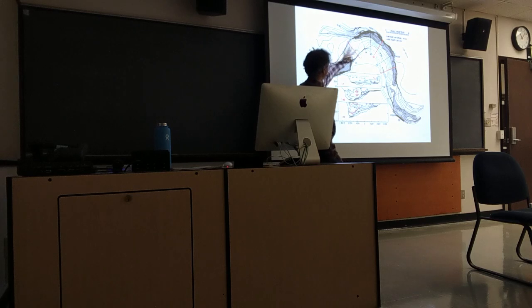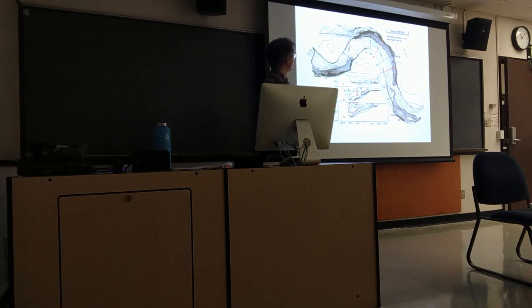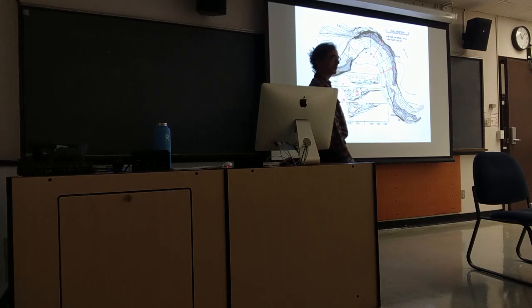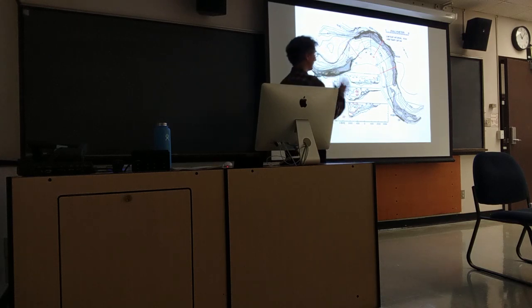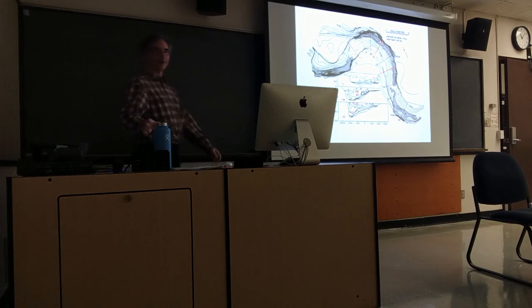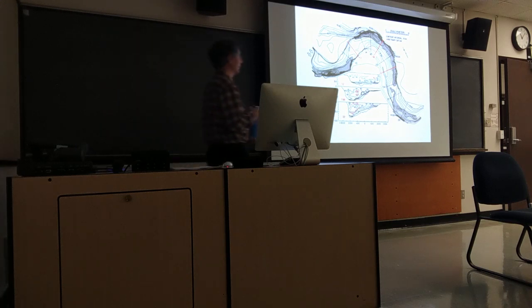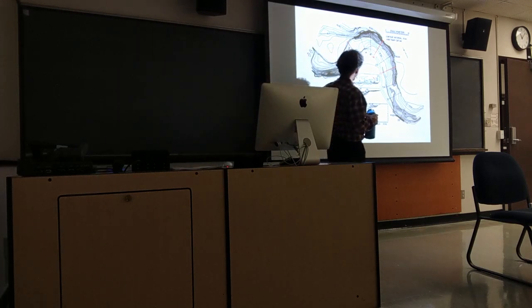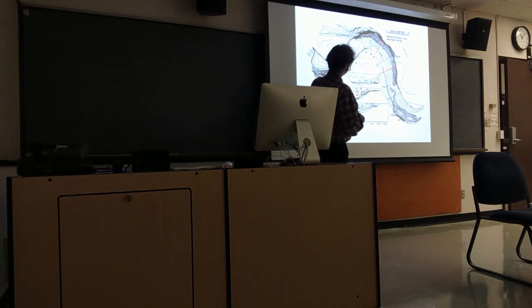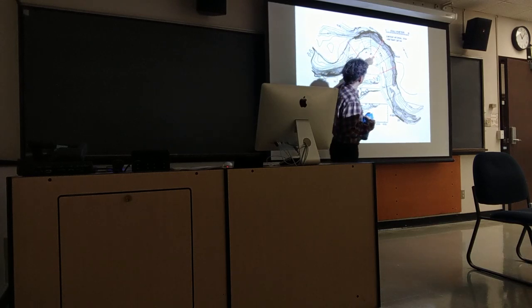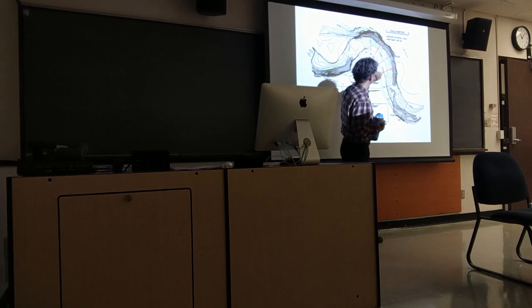You can see the contours of elevation with arbitrary datum. The 10 centimeter contours, which is awesome. That was way before LiDAR or anything like that. That was all hand surveyed. And then we've got these cross sections. 12 is this one, 19B is this one, and 22 is this one.